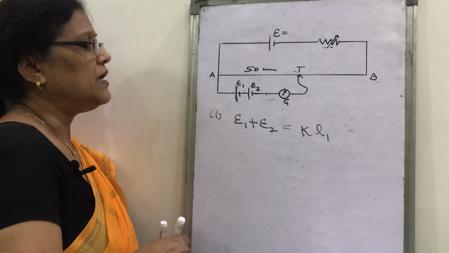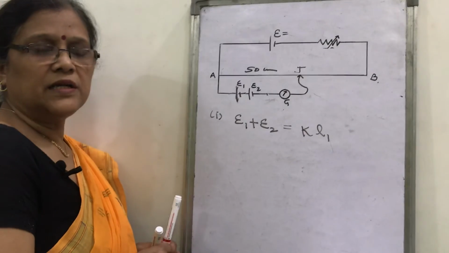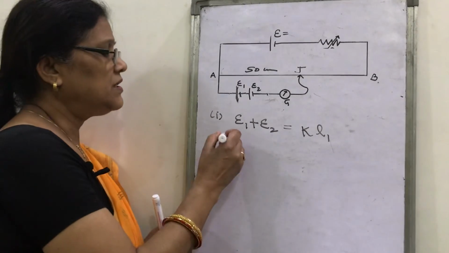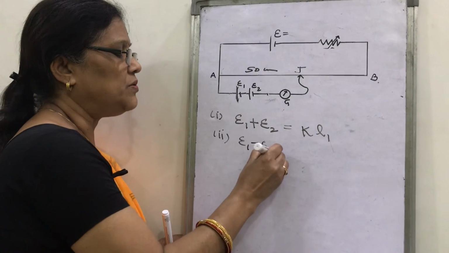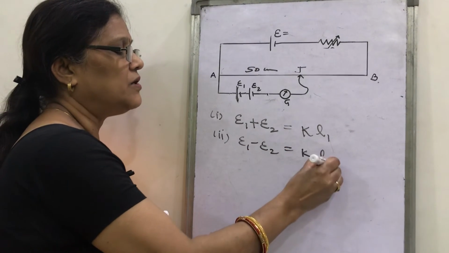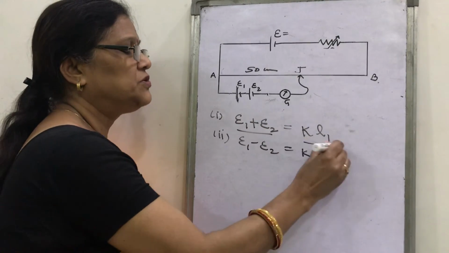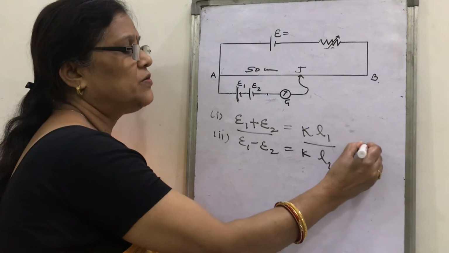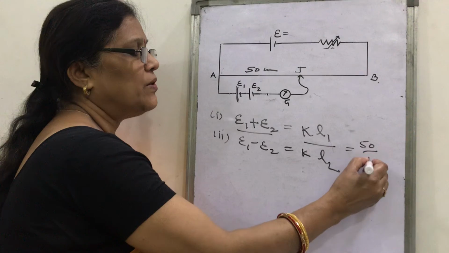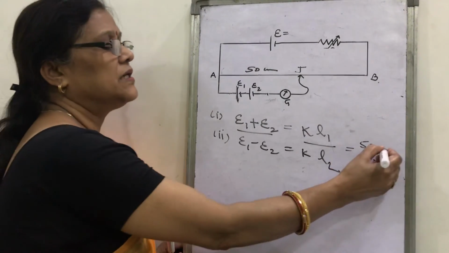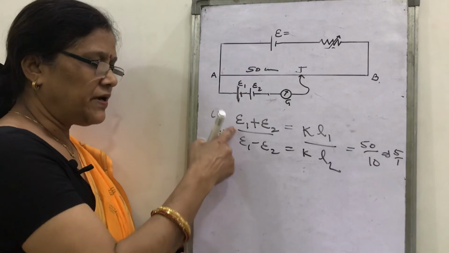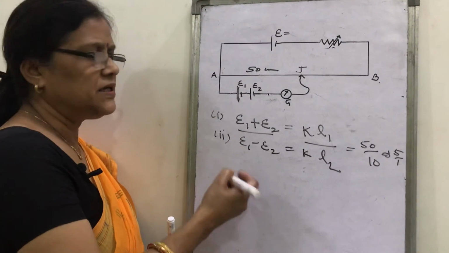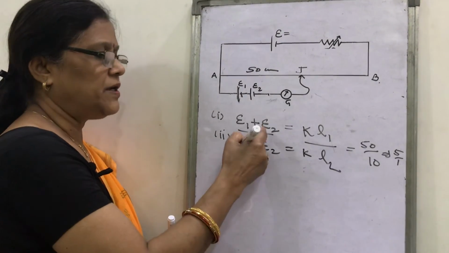In the second case, if they are connected in such a way that they are opposing each other, what will you write? E1 minus E2 equals KL2. Simple. Divide these two equations. L1 and L2 are given, 50 upon 10. So that is 5:1. But it is asked to find E1 by E2. A little mathematics: divide the equations by E2.